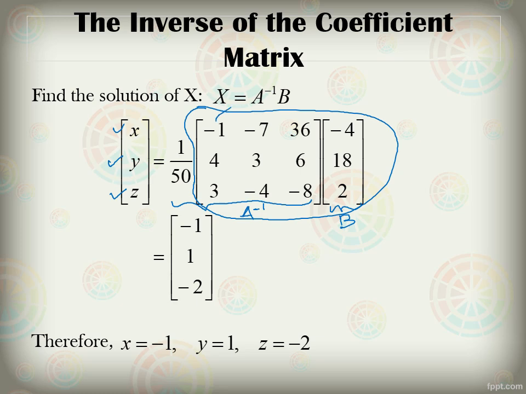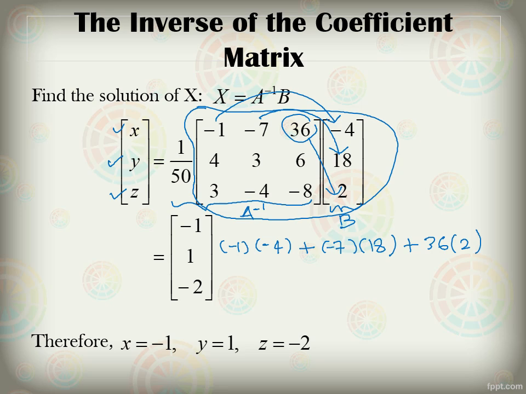Minus 1 multiply with minus 4, plus minus 7 multiply with 18, plus 36 times 2.